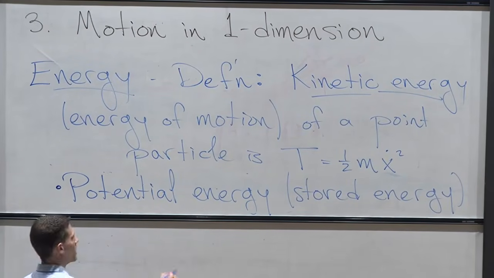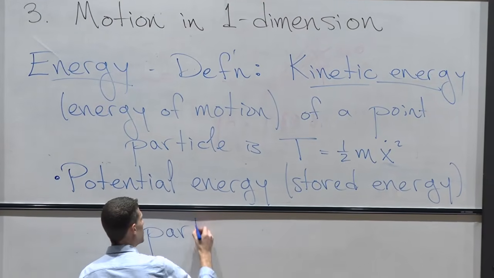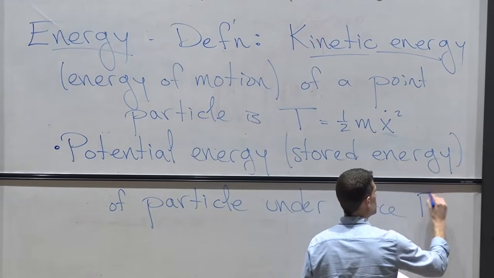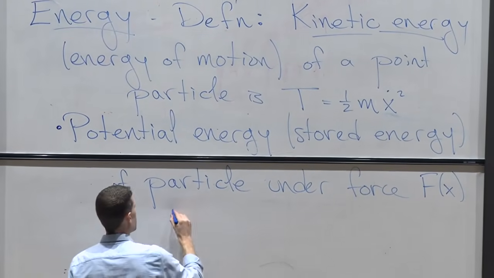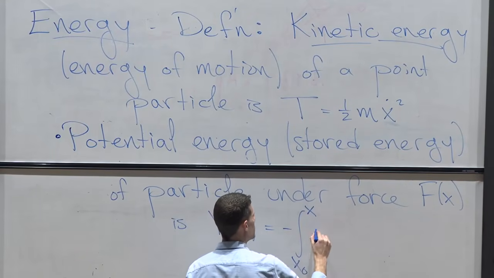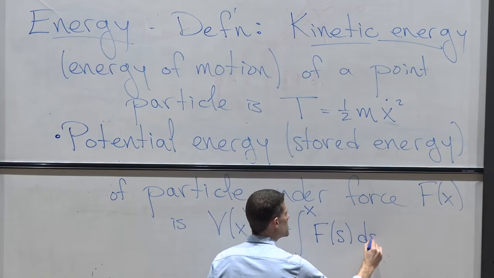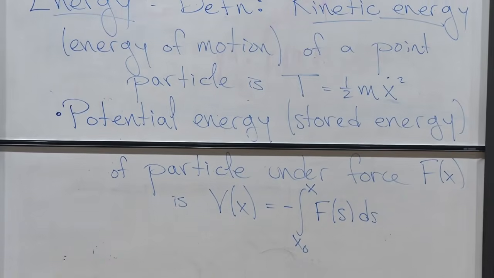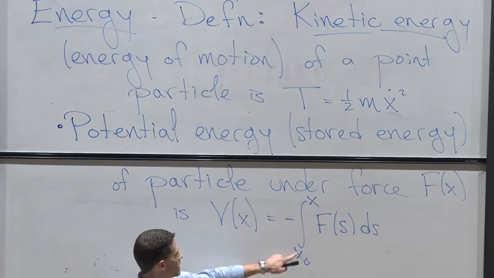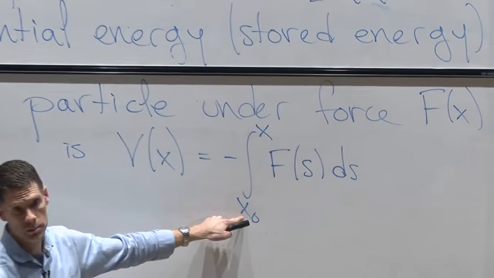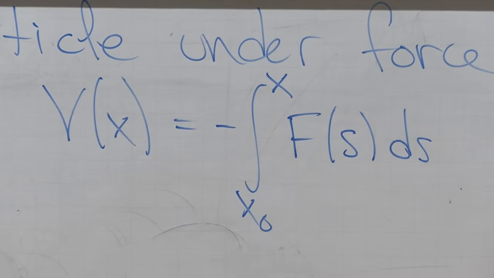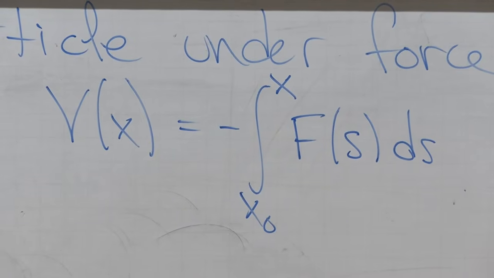So the potential energy of a particle under a force f of x, we call it v of x, capital V. It's minus the integral of f from an arbitrary starting point up to x of f of s ds. So roughly, the potential energy is minus the antiderivative of the force.